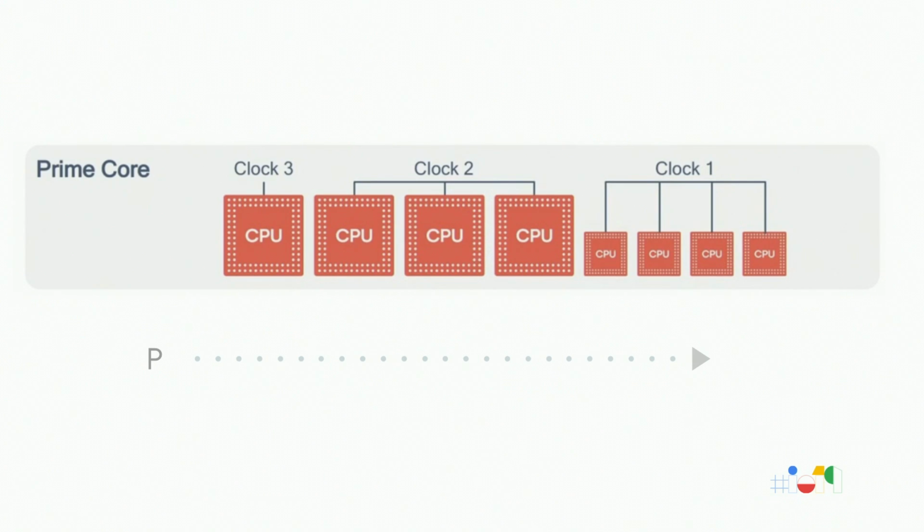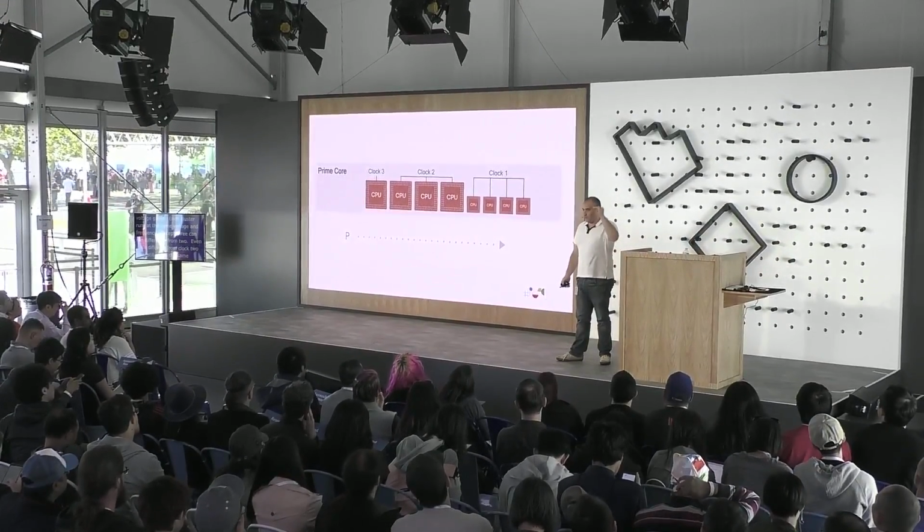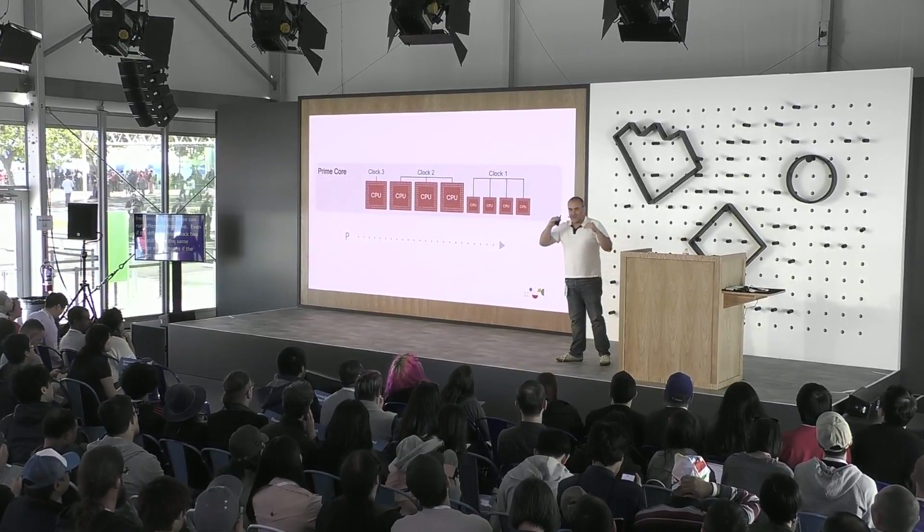That means that each cluster runs at the same voltage and the same clock frequency. Except for clock 3 that can run a different frequency from clock 2. Interestingly, even if it runs a different frequency from clock 2, they still share the same voltage. Which means if the voltage goes up for the last CPU, 3 more CPUs go up, and everything consumes a lot of power to run.